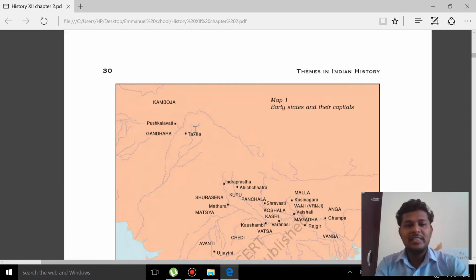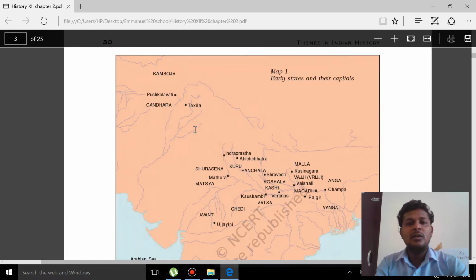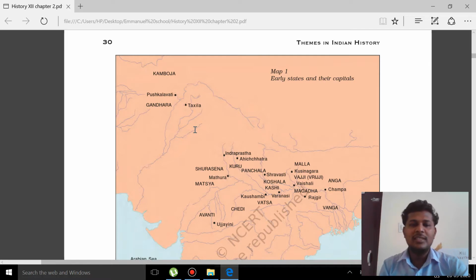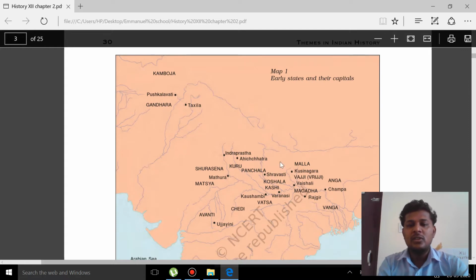Before we proceed to the next topic, I just want to request you to focus on this map, because this map is of your syllabus, and I know the places which are marked in this map will be asked in your board exams. So very important places are like Rajgir and Ujjaini, Rajgir, Ujjaini is here, okay, and Vaishali.